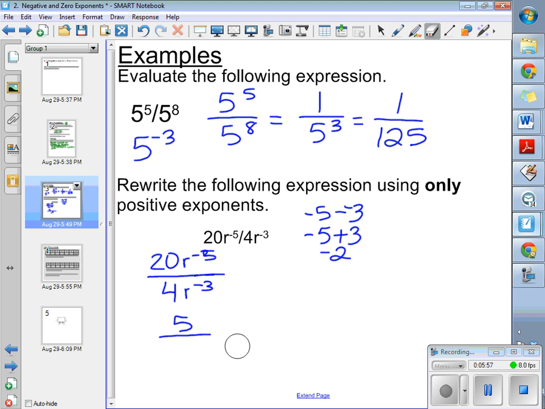So now it's just r to the second power, because it's still a negative exponent. Again, as I always say, if you have questions, make sure you bring them to me when you see me next.